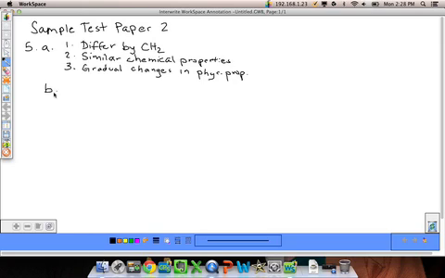5B says that ethanol and ethanoic acid can be distinguished by their melting points. And it says state and explain which of the 2 compounds will have the higher melting point. So the first thing you want to make sure to say is which one will have a higher melting point. And that's going to be the ethanoic acid.